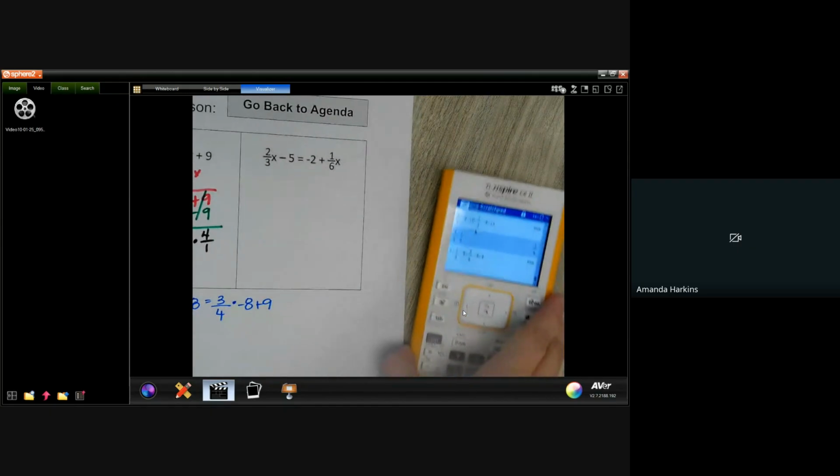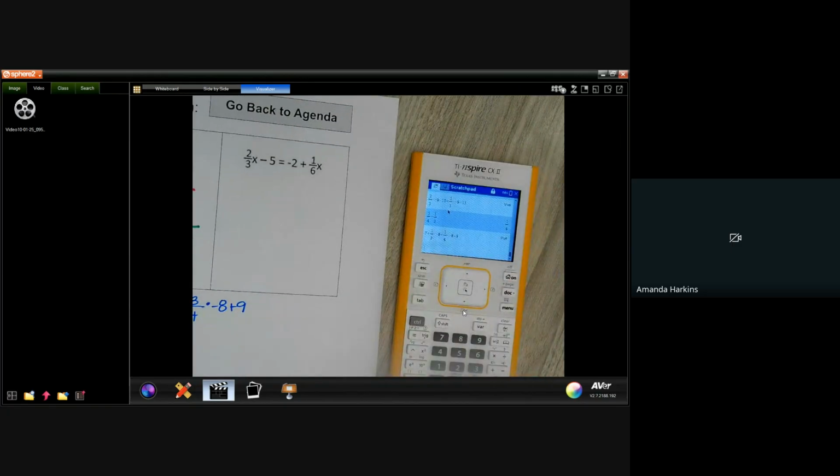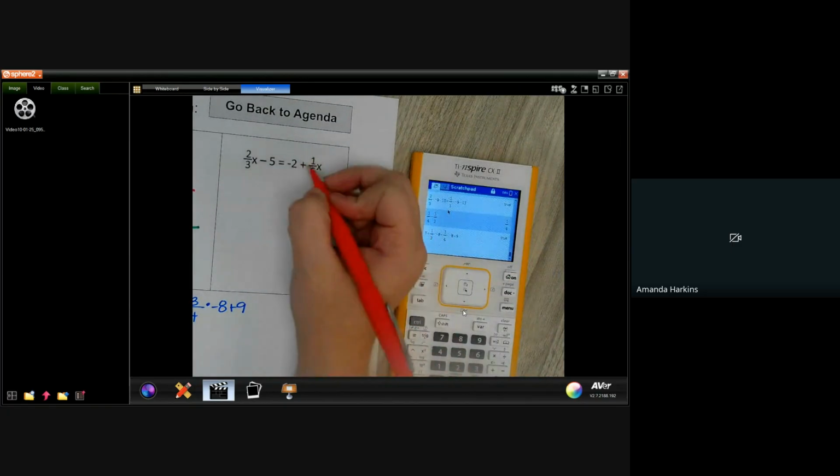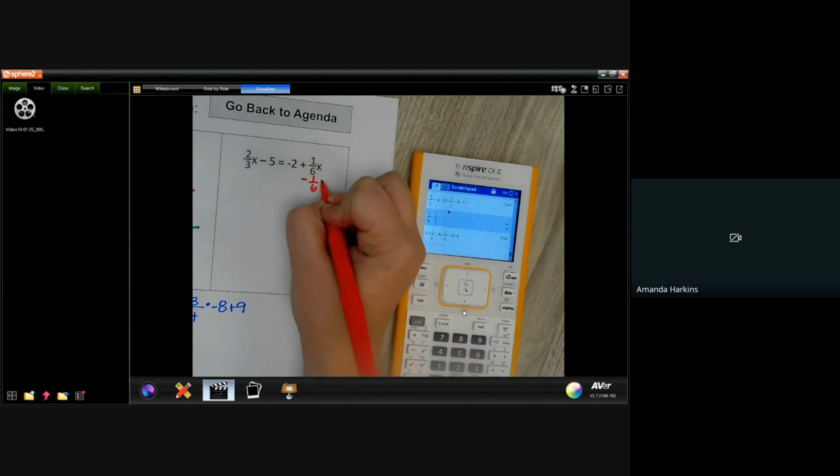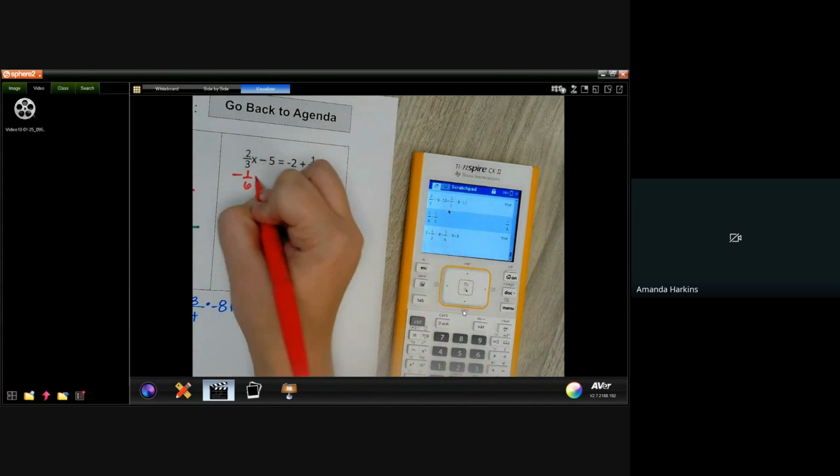You do the next one, and then we're going to check our answers. Okay, so let's see what you got. I would say that 1/6 is smaller, so I'm going to minus 1/6x, minus 1/6x.